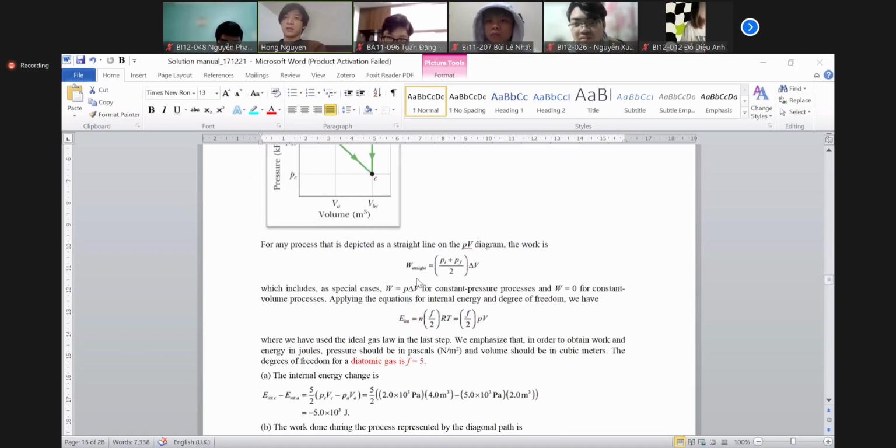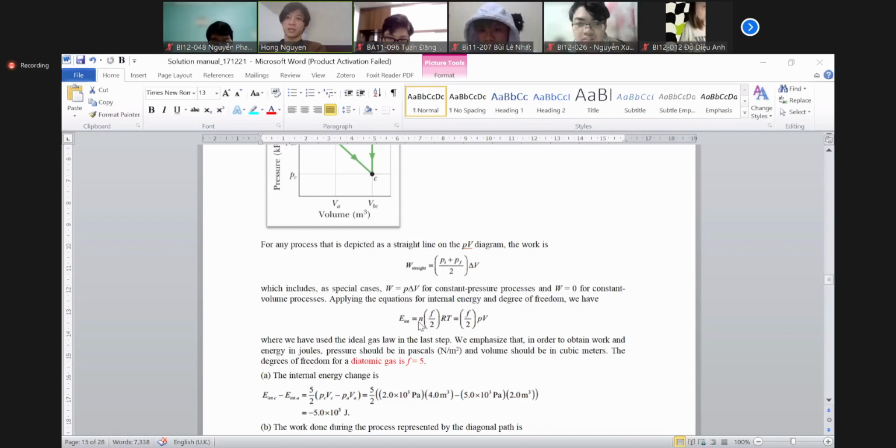Okay, the degree of freedom for a monatomic gas is 3. For a diatomic gas, it is 5. Please reread my slide. And the change in internal energy can be written in this form.